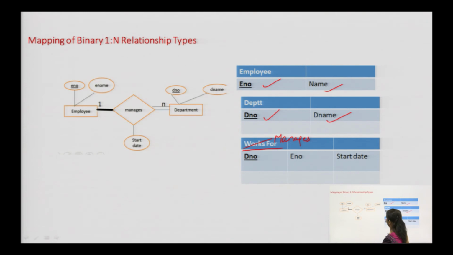Third relation manages, which contains DNO, which contains ENO, and which contains the start date, which is the attribute of the relationship type. So, this is how we will do. The key will be which one? We said the key will be the key of the n side entity type. So, this is the relation that we will get in the cross reference approach.